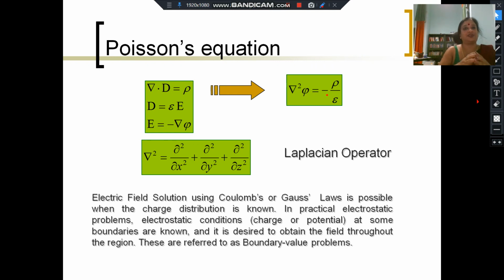So your electrostatic fields problem reduces to a boundary value problem where you solve a partial differential equation subject to certain boundary conditions, and that will give you the potential distribution. Once you have the potential distribution, you can calculate the electric field distribution as the gradient of the potential map. Therefore, if we need to find the electric field distribution inside a dielectric material, we need to know how to solve Poisson's equation. And in the next class, we will see how Poisson's equation can be solved in engineering problems.